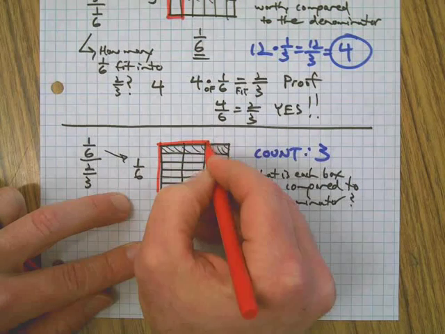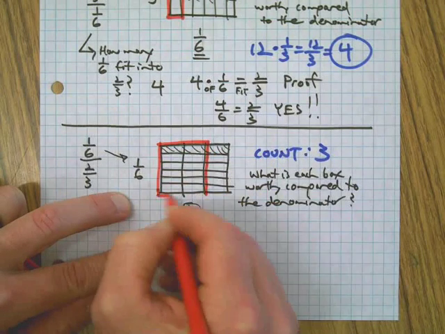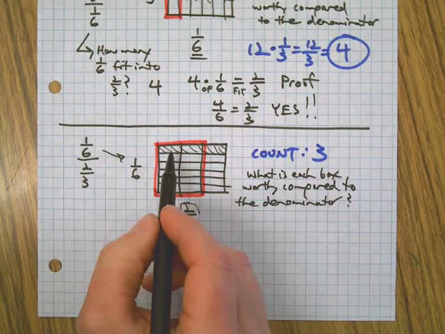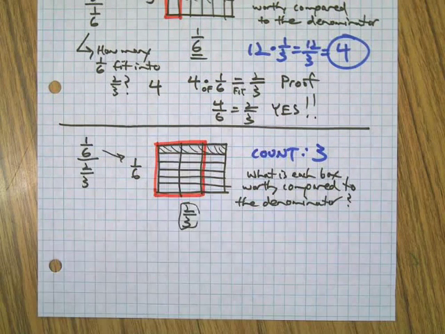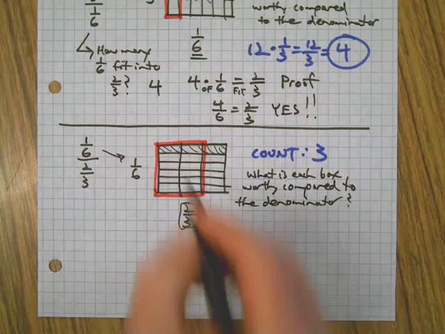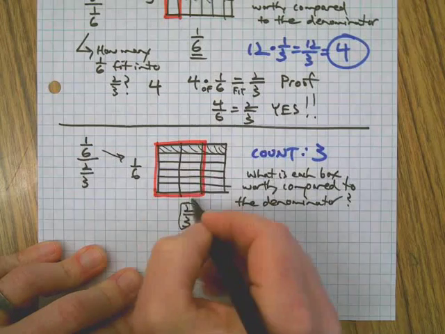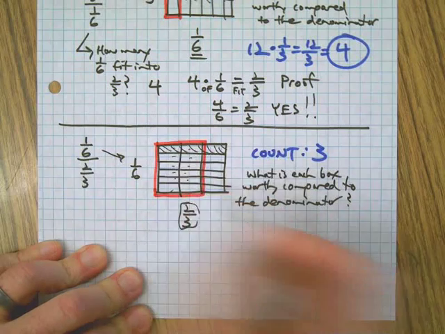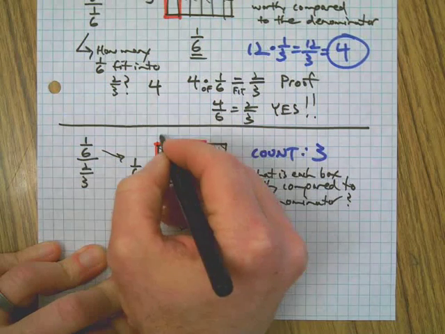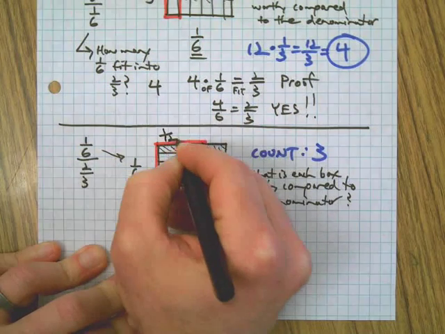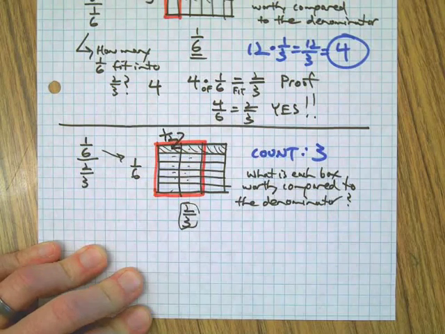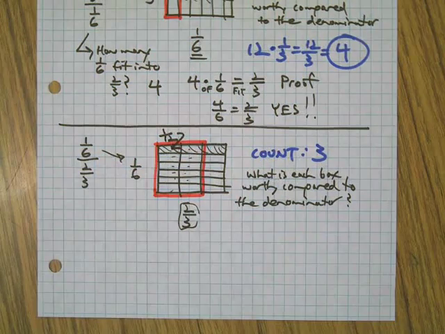So 2/3 is right here, right? That's 2/3 of this rectangle. What is each one of these boxes worth compared to this whole thing? Well, in the 2/3, how many boxes are there? 1, 2, 3, 4, 5, 6, 7, 8, 9, 10, 11, 12. So each one of these boxes is worth 1/12 of the 2/3, right?